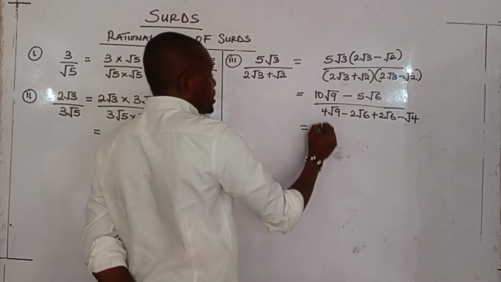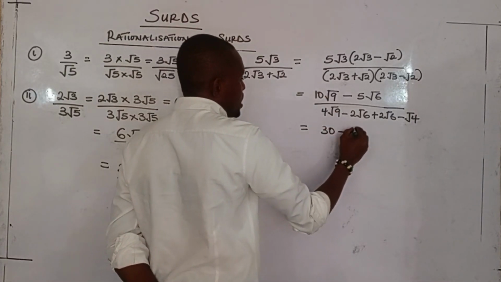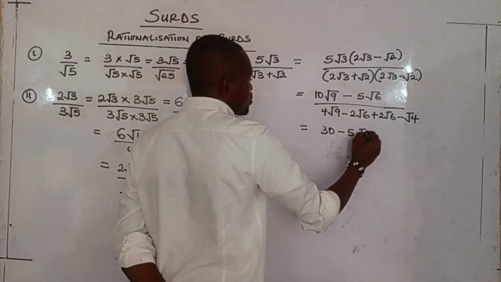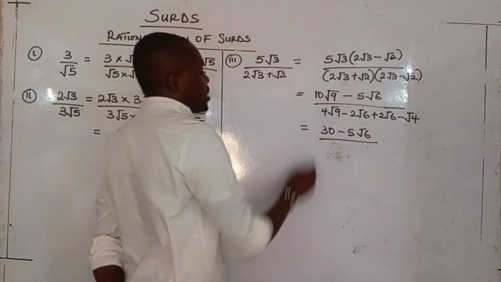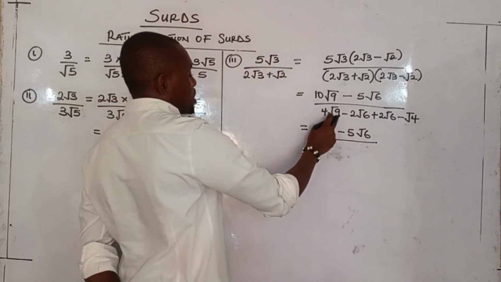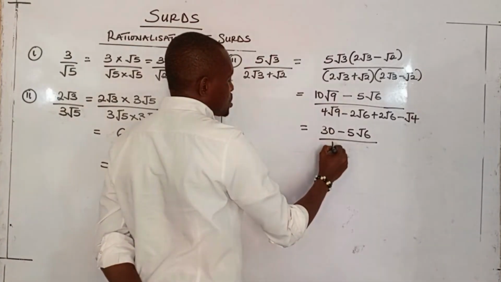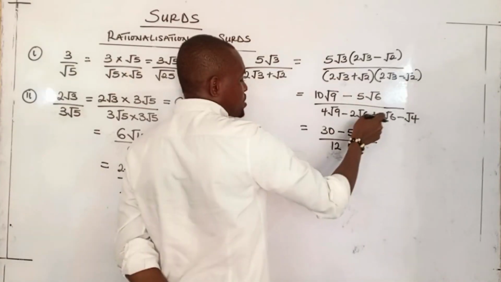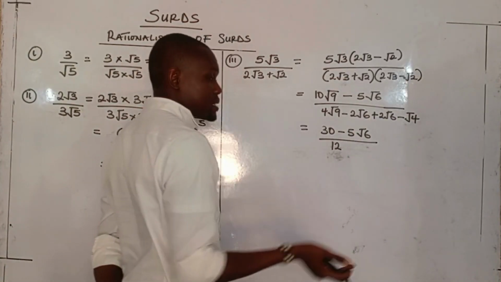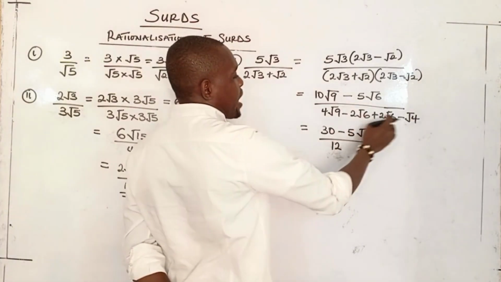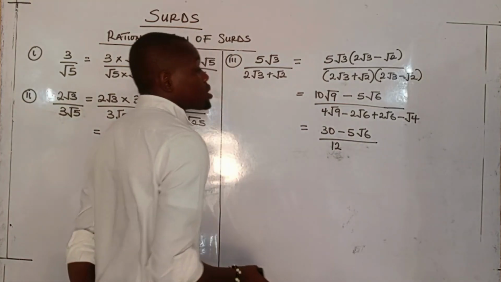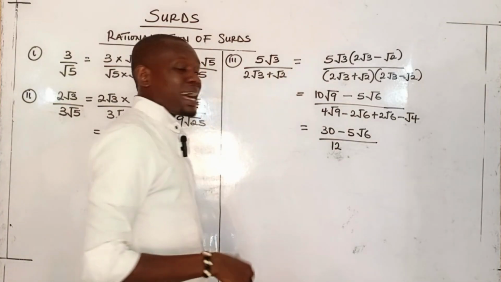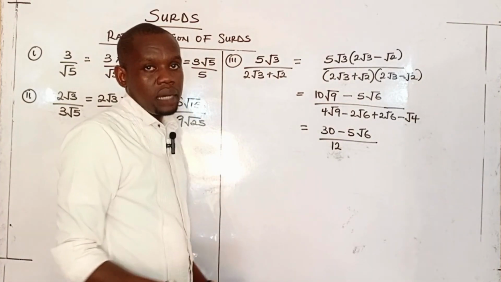is 3. So 3 times 10 gives us 30 minus 5 root of 6, all over 4 times the square root of 9, which is 3, so 3 times 4 is 12. Now we have minus 2 root of 6 plus 2 root of 6. They are similar because they have 6 under the square root sign, so minus a number plus that same number is 0.